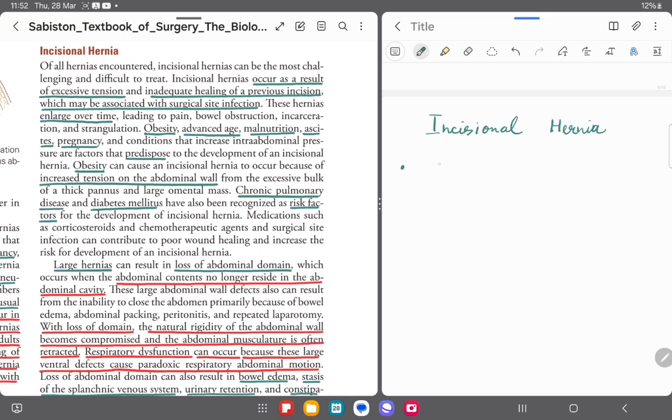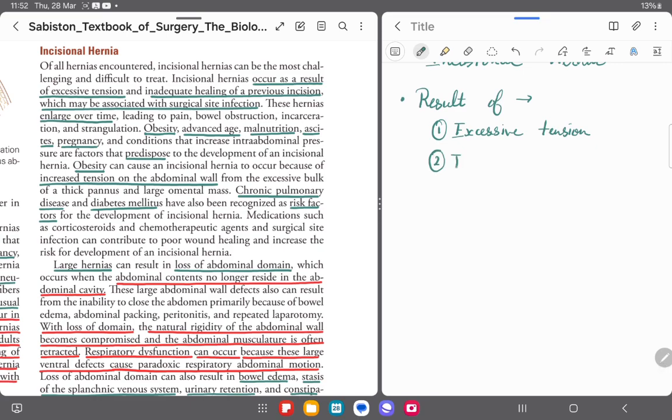Incisional hernias are a result of, number one, excessive tension, and number two, inadequate healing of the previous incision.